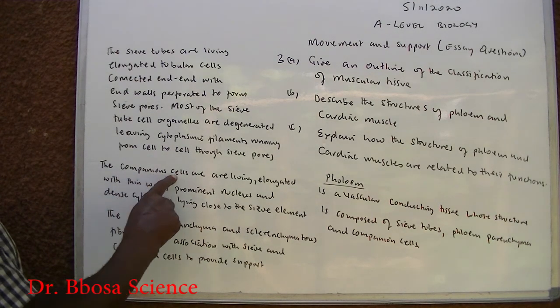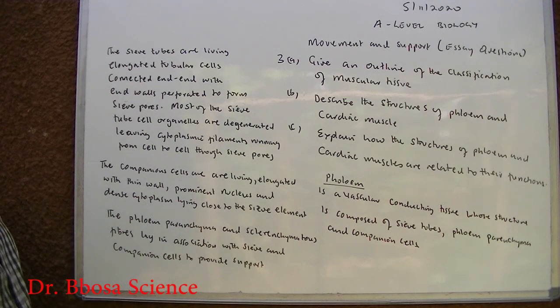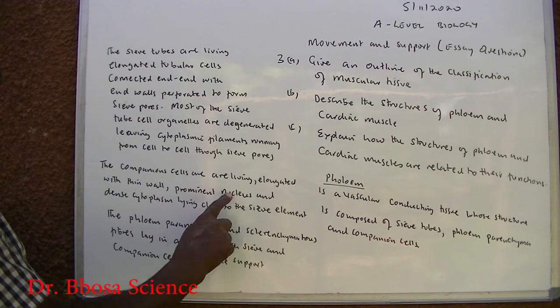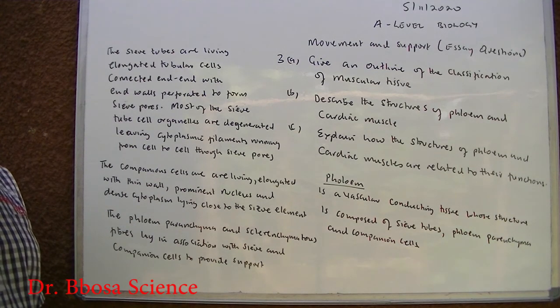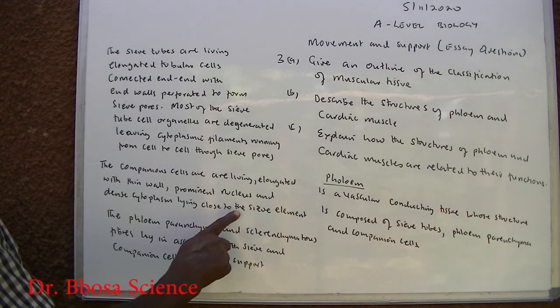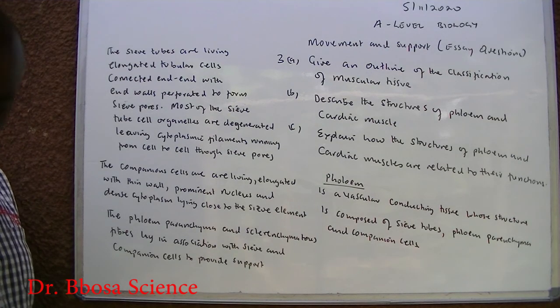The companion cells are living, elongated with thin walls, prominent nucleus, and dense cytoplasm, lying close to sieve elements. Phloem parenchyma and sclerenchyma fibers lie in close association with sieve and companion cells to provide support.